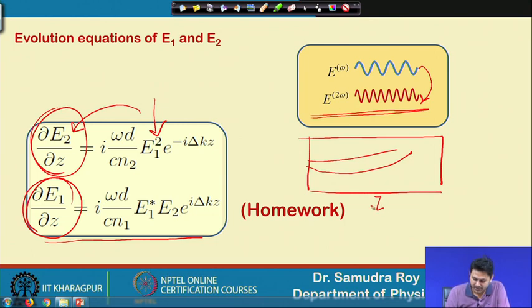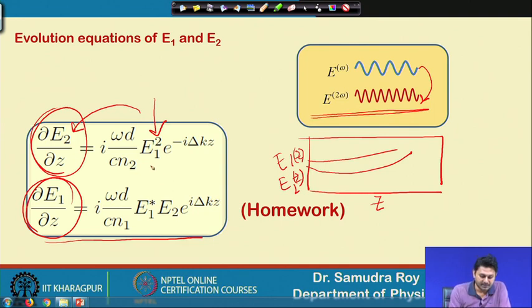So, this is over Z, this is E1 or E2, but from these coupled equations it is very difficult to say, because we need to solve them carefully, how E1 and E2, both functions of Z, are going to evolve. But it is for sure that in order to evaluate E2 we need to make some kind of approximation, and in the next slide we will show what kind of approximation I am talking about.